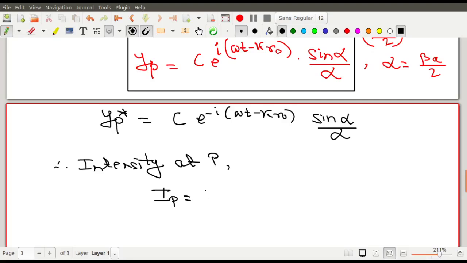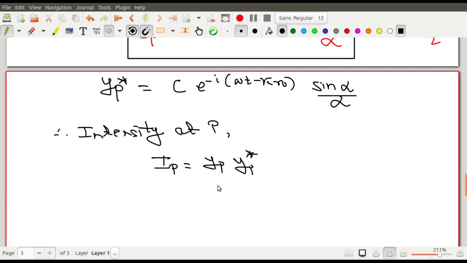Ip is equal to yp yp star. If yp is real, then it is yp square, you know. But here it is not real, so you need to take the conjugate. The equivalent of square in real algebra is conjugation in complex algebra. So this comes out to be C square, the exponential cancels out, and this is sine alpha by alpha, whole square.